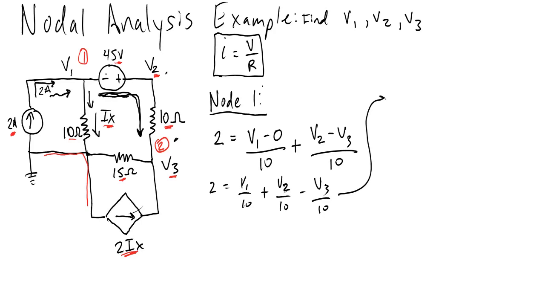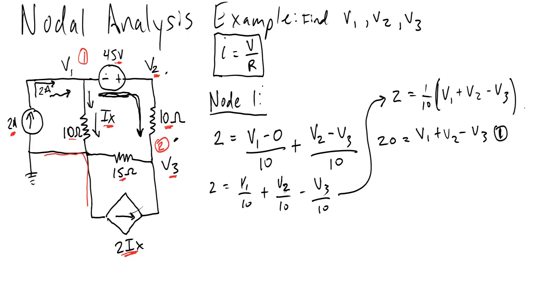Let's bring it over here, and we'll say 2 is equal to 1 over 10 times V1 plus V2 minus V3. Then we'll multiply 10 on both sides, giving us 20 equals V1 plus V2 minus V3. Alright, we'll leave it there for now, and we'll just put a 1 here. This will be our equation 1, and we'll move on to node 2.